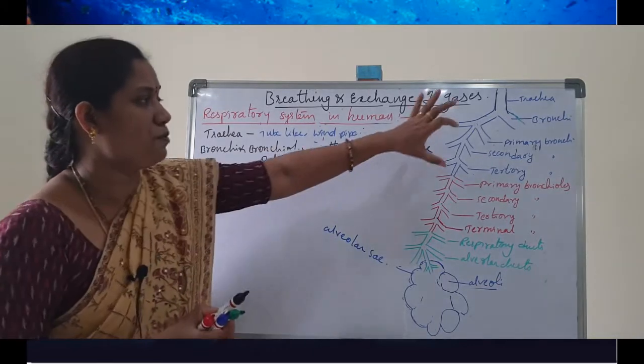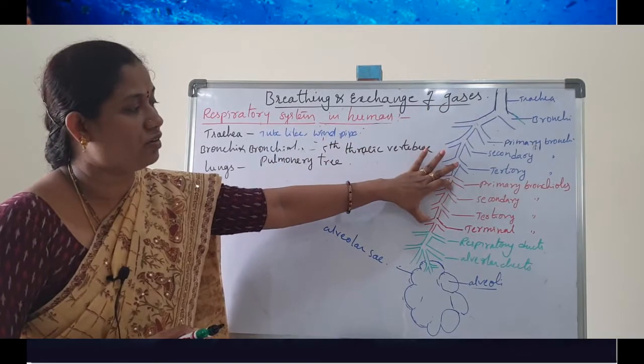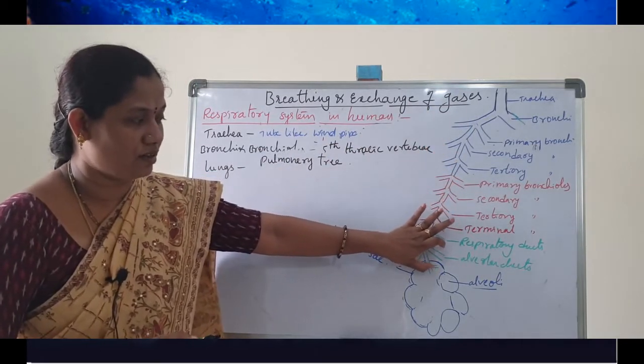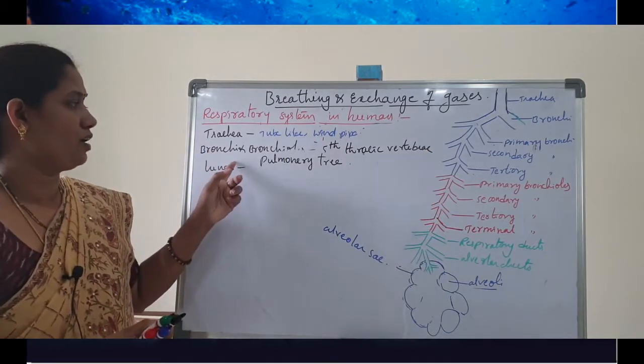So the first branches are called bronchi, the next branches are called bronchioles, then respiratory ducts, alveolar ducts, and then alveoli. So this is about the bronchi and bronchioles.